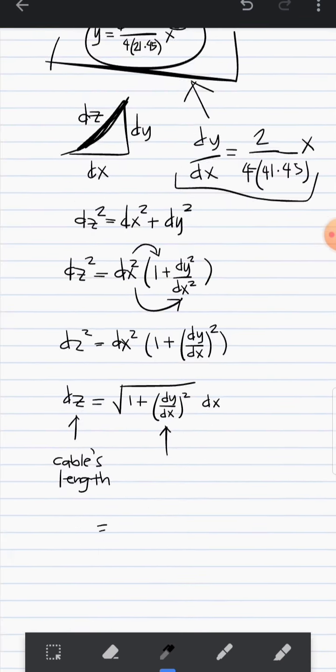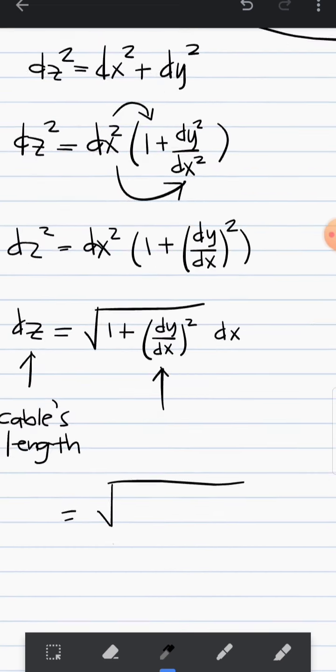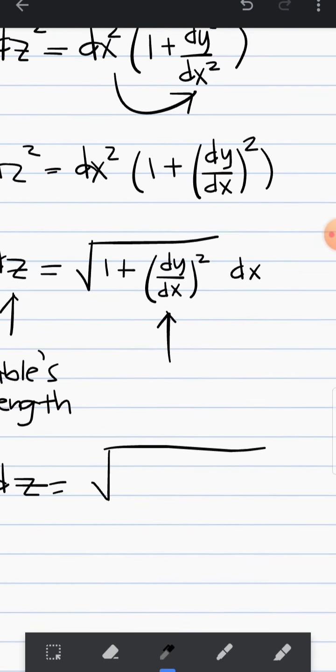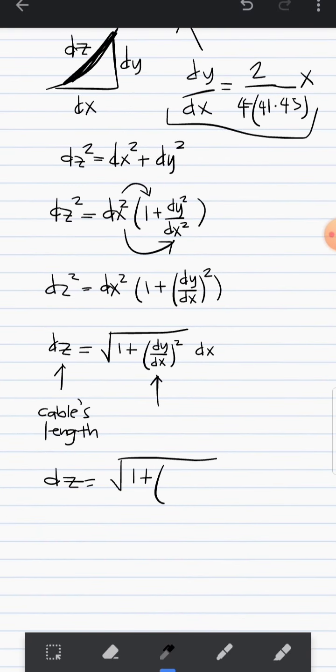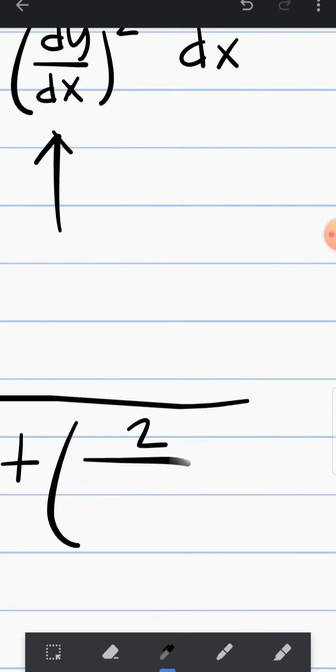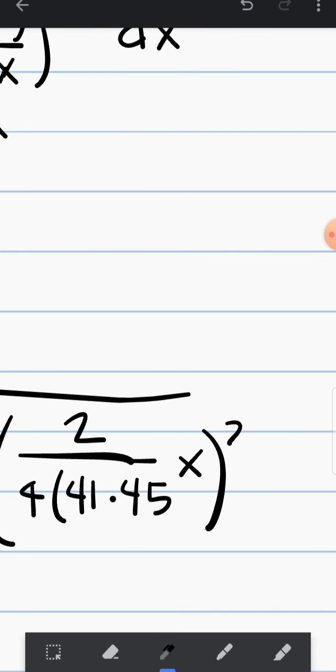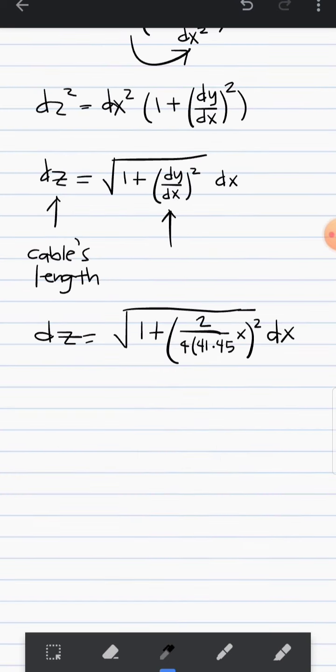Then substitute that to our function. So dz, the length of the cable, is the square root of 1 plus the derivative, 2 over 4 times 21.45 x, squared, dx.